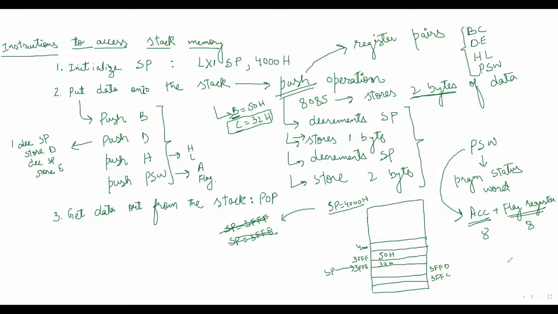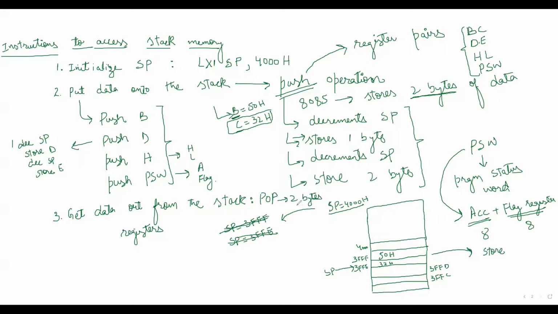Now let's suppose I have to get data from the stack. If I am getting data out from the stack, I have to store that data in something. So I will receive that data in my registers. And also when I am doing pop operation, I will always pop 2 bytes of data together.